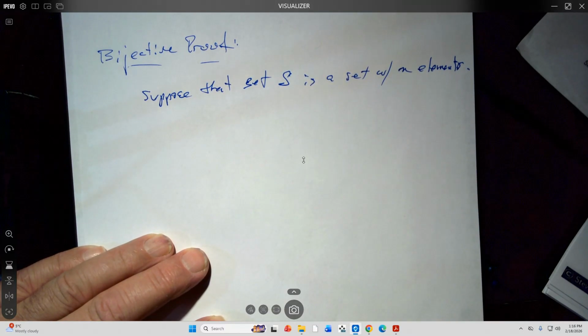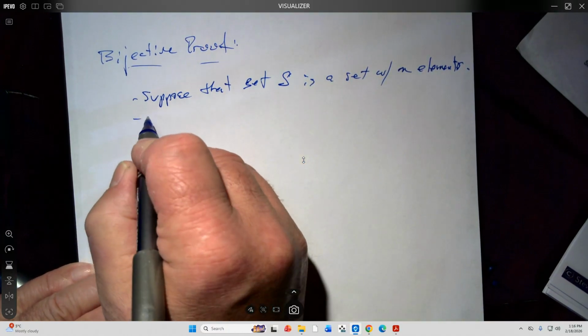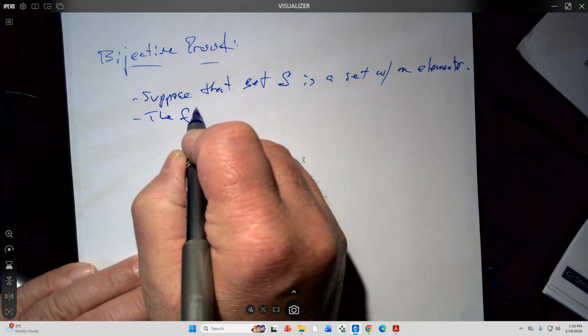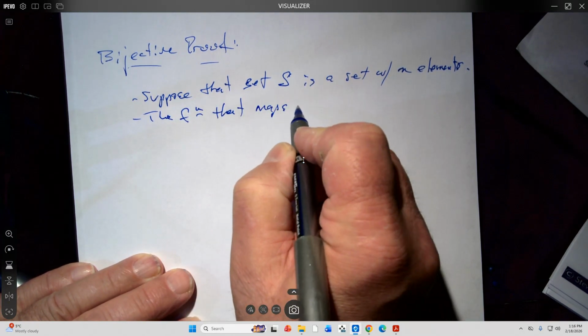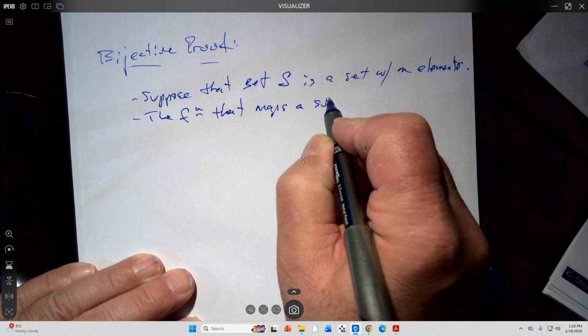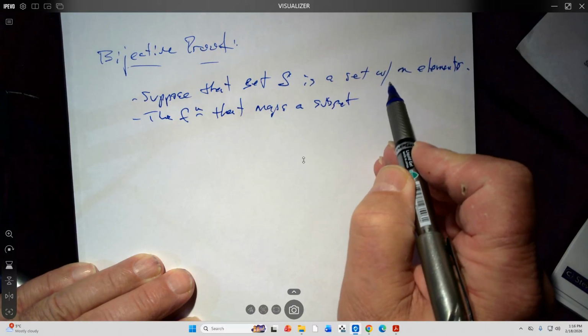There we go. The function that maps a subset, okay, here I'm using this notation to say width.